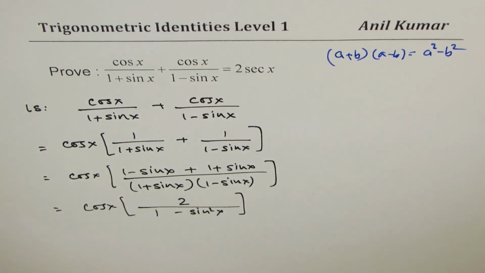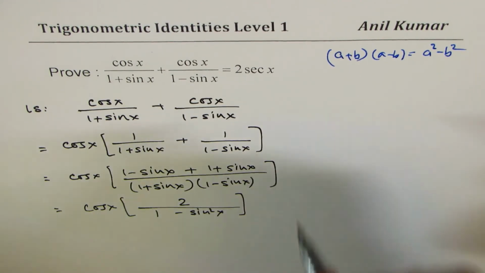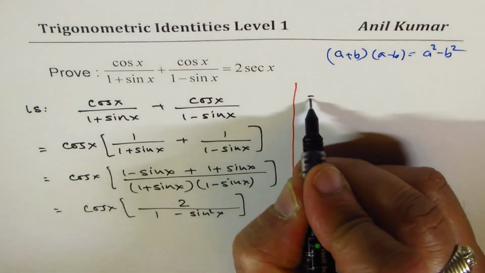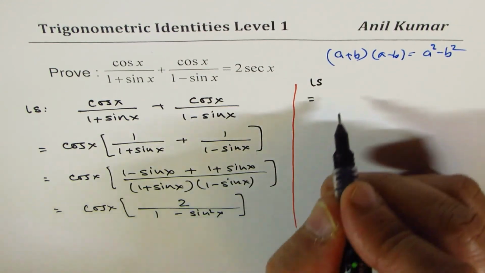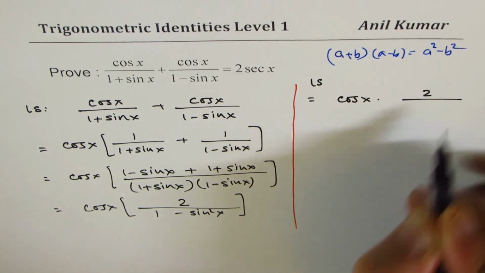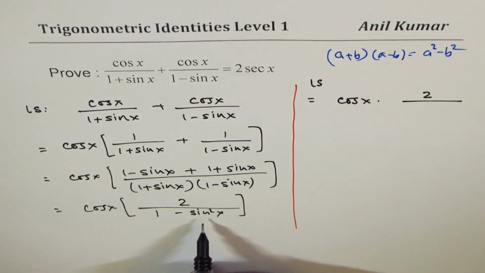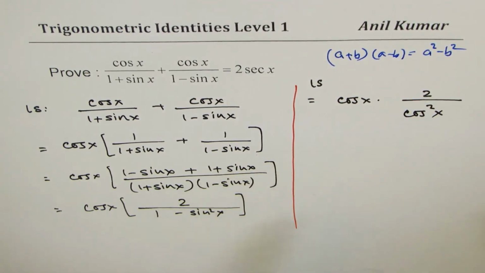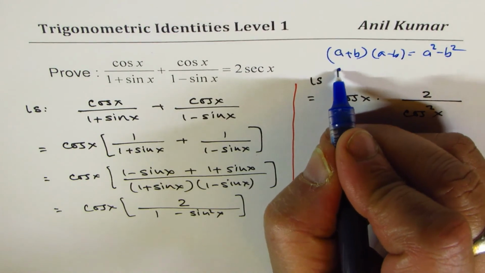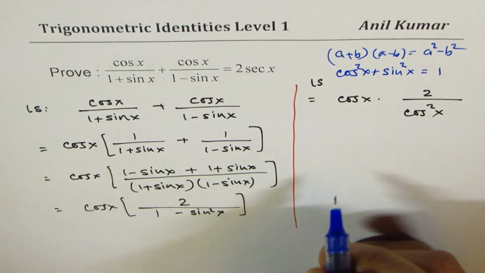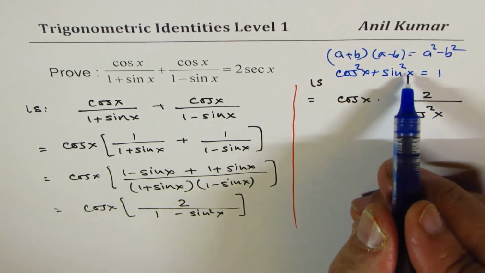So a square means 1 minus sine square x. That's what we get. Now let's further simplify the expression. We can now write this as cos x, we're talking about the left side only, cos x times 2 over 1 minus sine square x. What is 1 minus sine square x? It is cos square x, correct? Yes, you know, cos square x plus sine square x is equal to 1, so you could write cos square x as 1 minus sine square x.